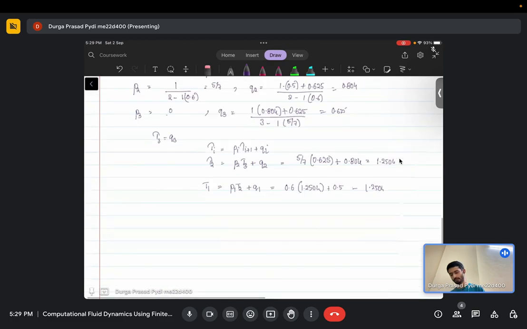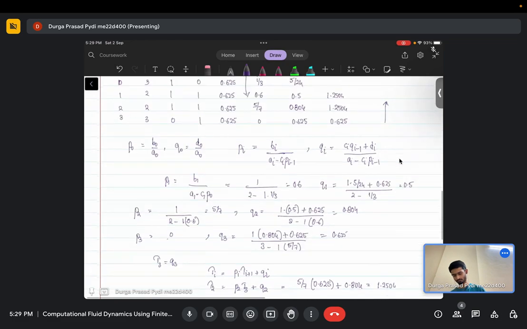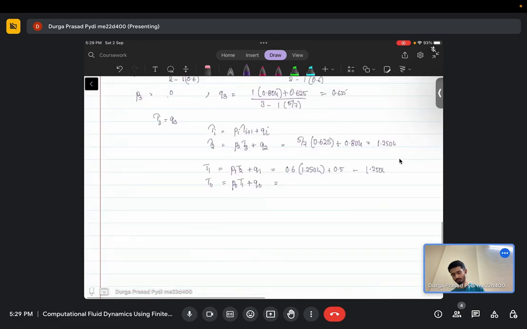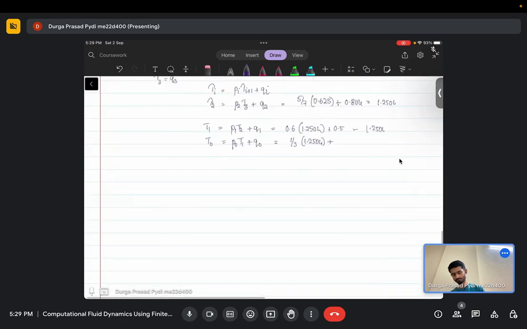And T0 will be in terms of T1: P0 T1 plus Q0. P0 is 1 by 3 and Q0 is 5 by 24.